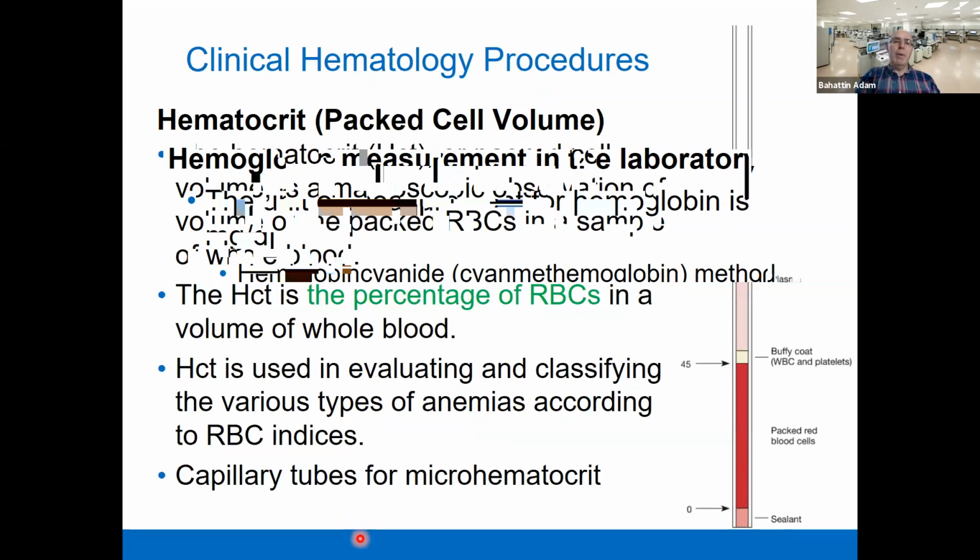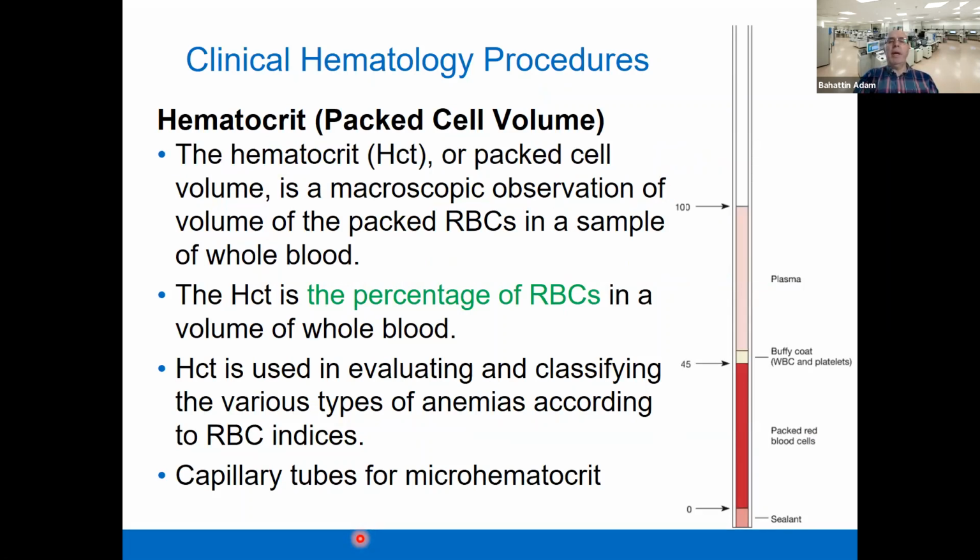Okay, hematocrit, which is also known as packed cell volume, is a microscopic observation of the volume of the packed red blood cells in a sample of whole blood.